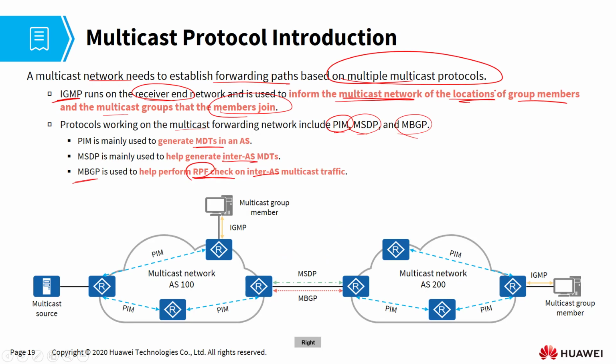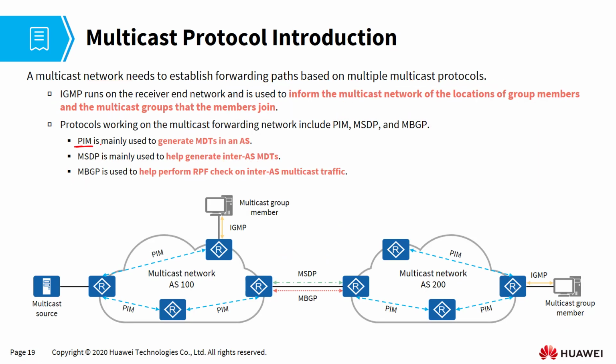The Border Gateway Protocol is used to perform a reverse path forwarding check on inter-autonomous system multicast traffic. The source discovery protocol is used to help generate an inter-autonomous system multicast distribution tree, and PIM is used to generate the multicast distribution tree inside an autonomous system. Those are the protocols that are going to be run in the forwarding network of multicasts.